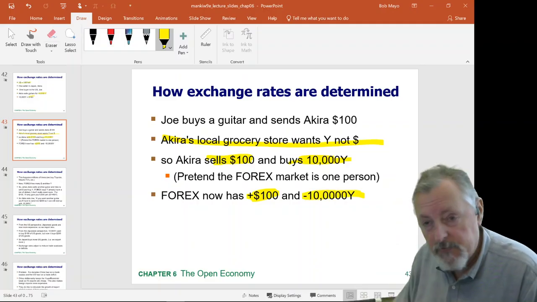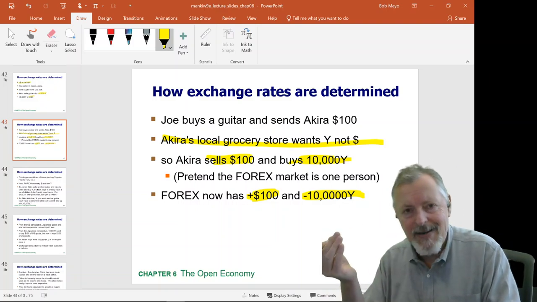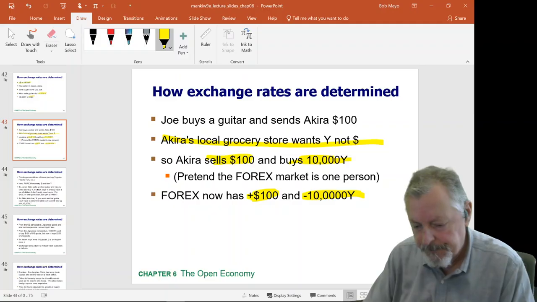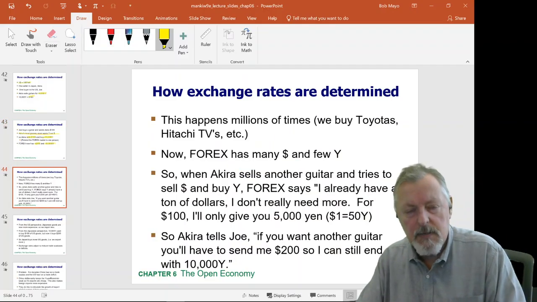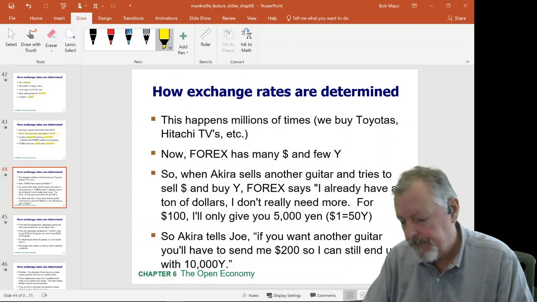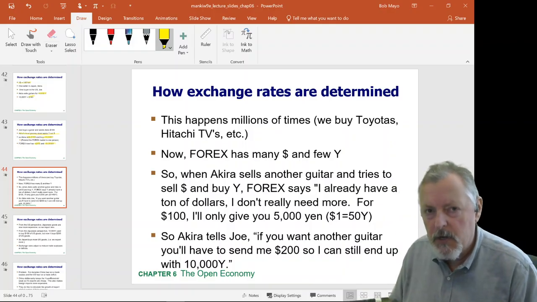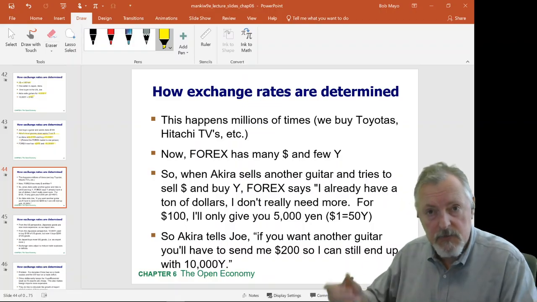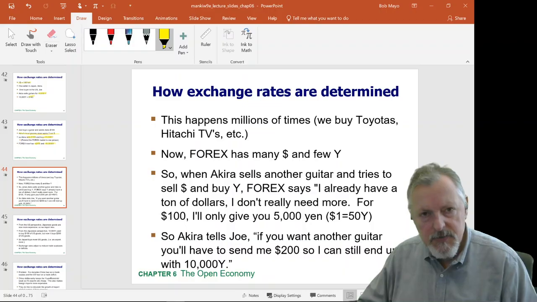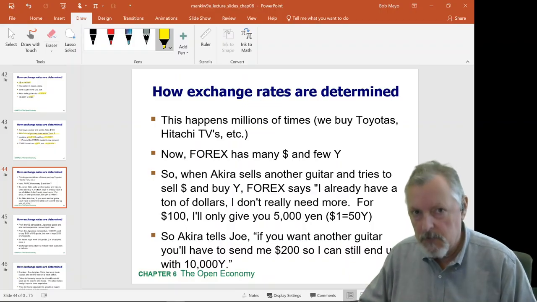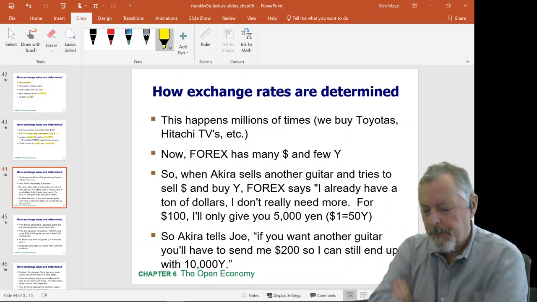And whatever quantity it had before, the foreign exchange market now has 10,000 yen less than it used to. Every time we buy something from Japan, this happens over and over and over. So now the foreign exchange market keeps buying dollars and selling yen. The foreign exchange market is building up dollars. It has a warehouse full of dollars now and very few yen left.